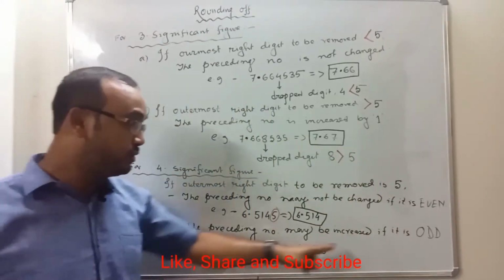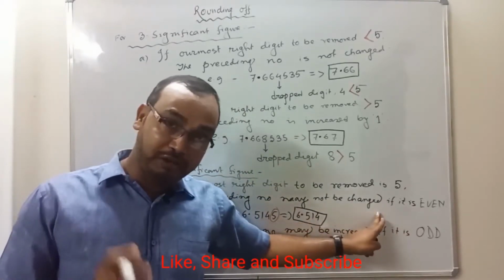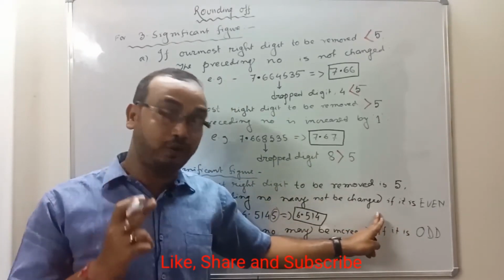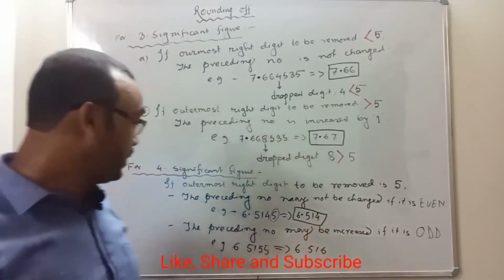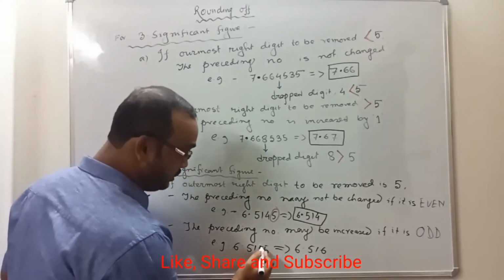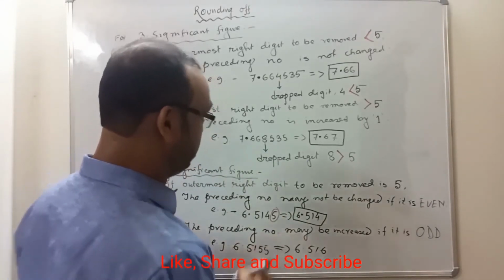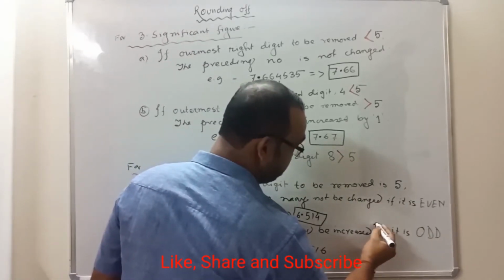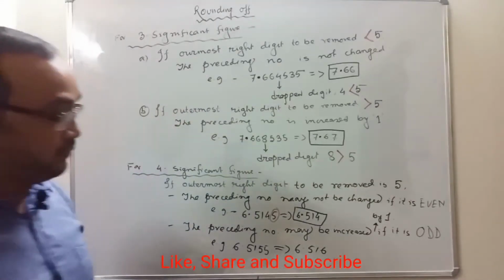Now if it is odd, that is, the 5 you have to remove, and the digit before 5 is odd, then the preceding number may be increased by 1. That is, this number may be increased by 1 if it is odd.